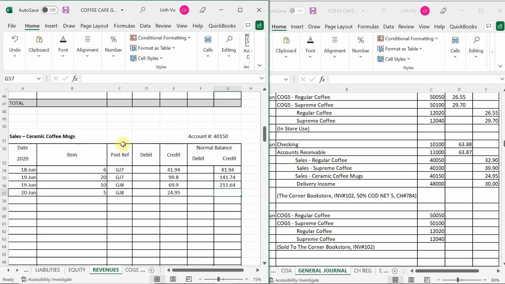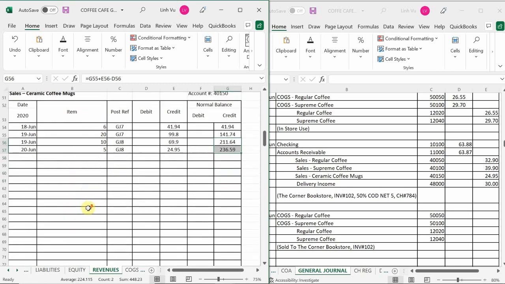So therefore, in grand total, I've sold so far $236.59 worth of coffee mugs. So in this case, if you take a look over here, 6 plus 20 plus 10 plus 5, you sold 31 cups already. Okay, so that's what I want you to use is this right here.